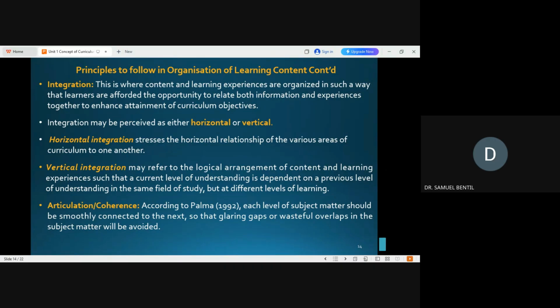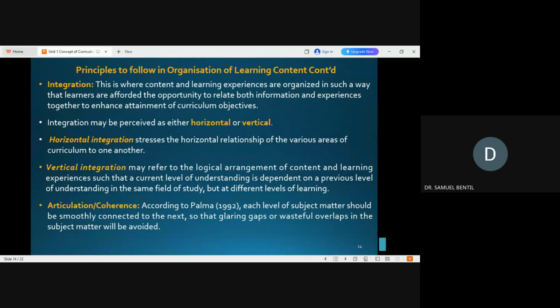And under integration, we have two forms of integration. We have what we call vertical integration and horizontal integration. Now, when we say horizontal integration, this is where you draw ideas from different subject areas to explain a concept in your subject area.